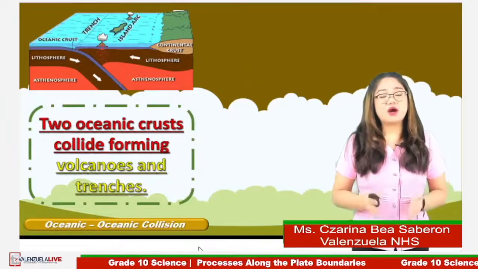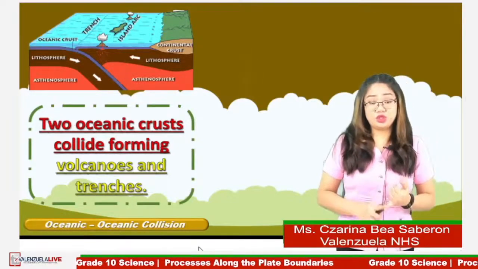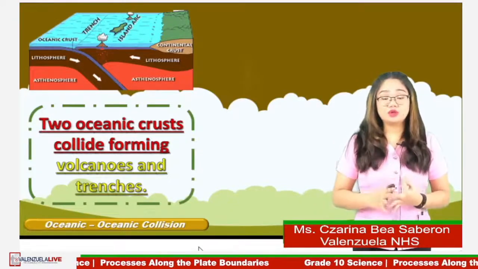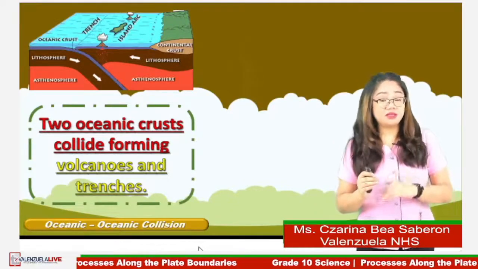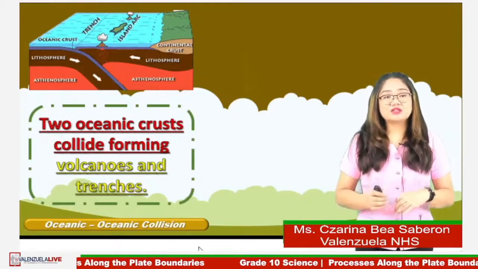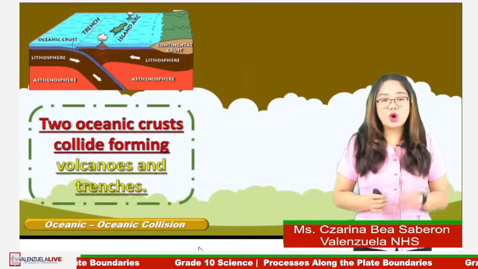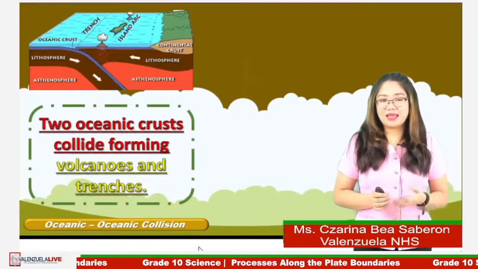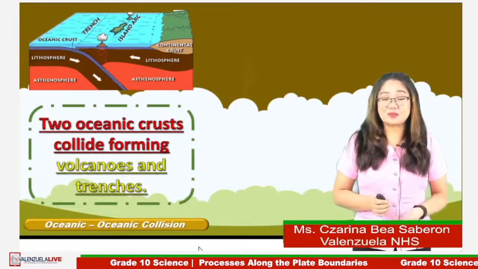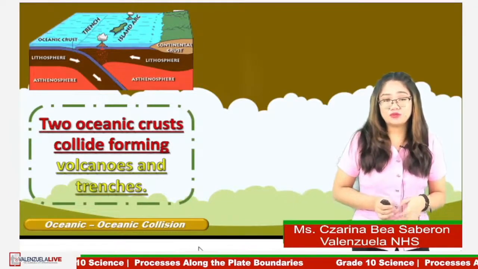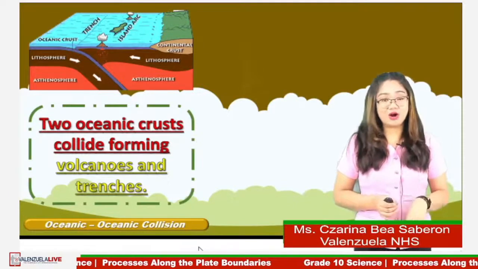The one that is much colder, much denser, and much older will subduct beneath the other. So the oceanic crust goes into the subduction zone, going into the mantle where melting happens. And of course, as the magma goes up, once again, it would form underwater volcanoes or volcanic arcs.